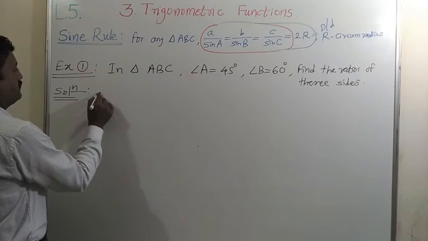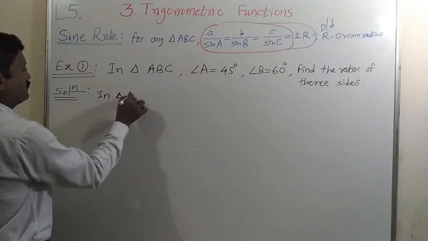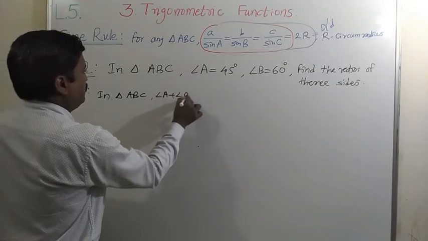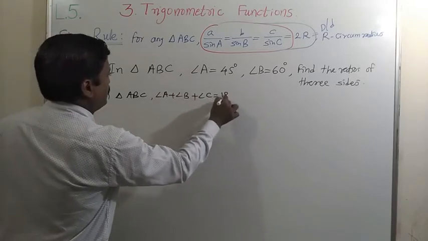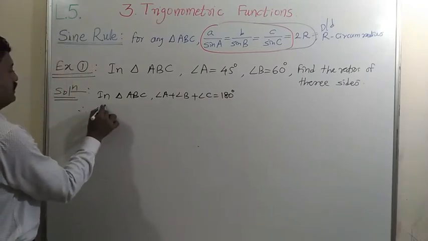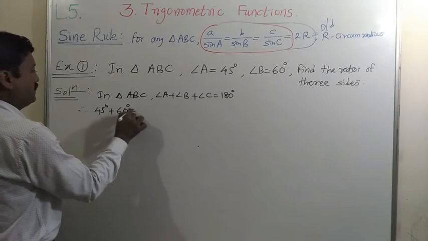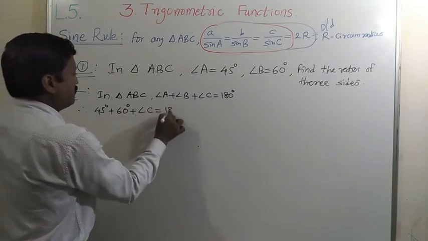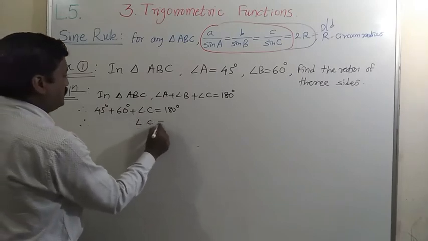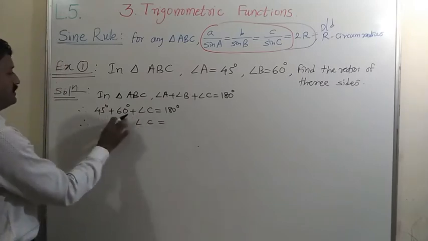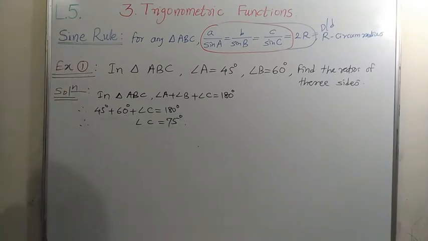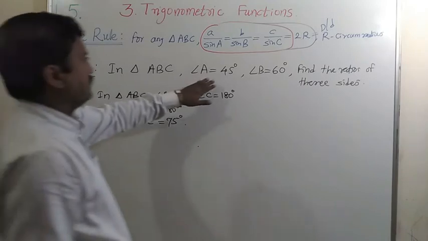In triangle ABC, angle A plus angle B plus angle C is equal to 180 degrees. Therefore 45 degrees plus 60 degrees plus angle C is equal to 180 degrees. Therefore angle C is equal to 180 minus 105, so that is equal to 75 degrees. So the third element is indirectly given in this example.